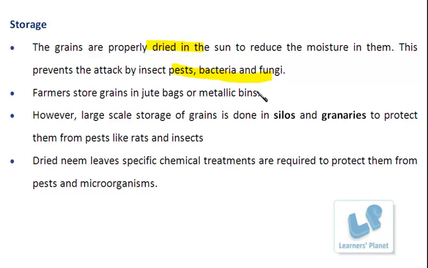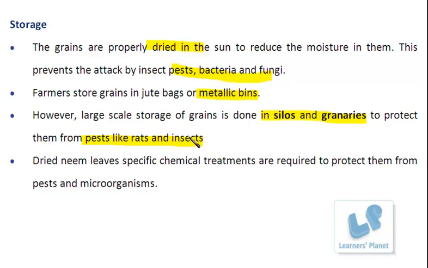After that, they should be properly filled in either jute bags or metallic bins. Besides this, if it is at a large scale, then it should be done in silos or granaries, so that it is properly protected from rats, insects and other organisms.